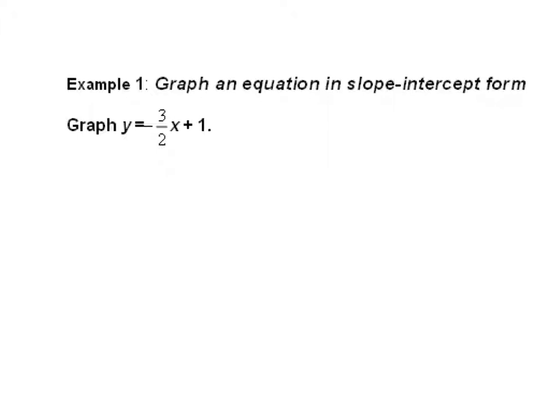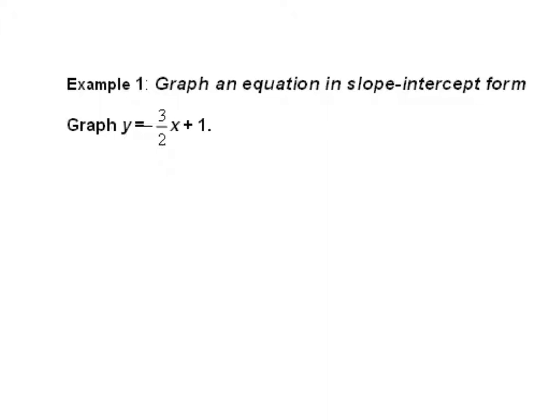So we're going to go ahead and practice graphing the equation y equals negative 3 halves x plus 1. Step 1, solve for y. Hey, look at that. Y is already by itself. So I don't even have to worry about that step. That's kind of nice. I also noticed that the right side of the equation is in standard form, so it does go that mx plus b.